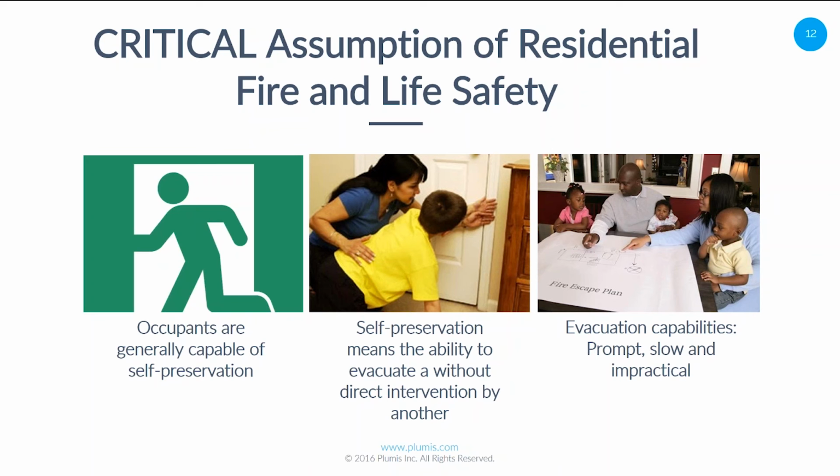So just for a reference point, let's look at how these evacuation capabilities are defined. These concepts, these times, these definitions are taken from NFPA 101, also known as the Life Safety Code.